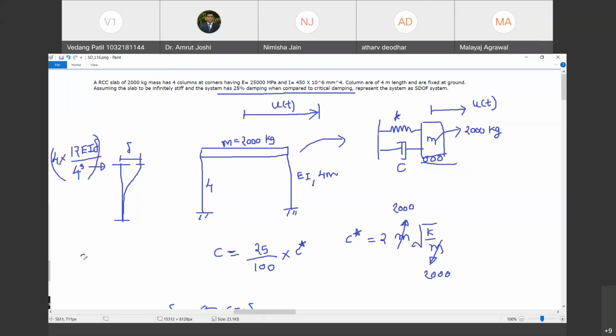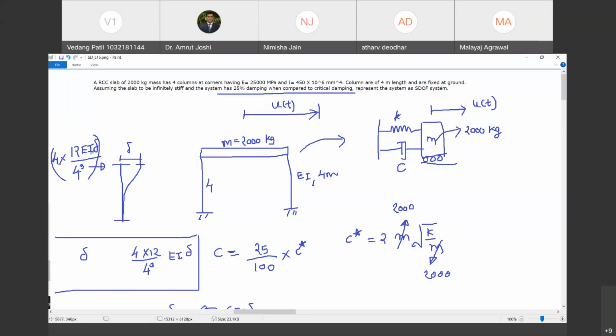Yes, sir. So delta deformation corresponds to a force of 4 into 12 upon 4 cube EI delta. Do you agree with me? Yes, sir. Are you with me? But what is stiffness?